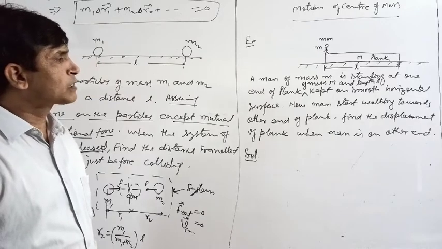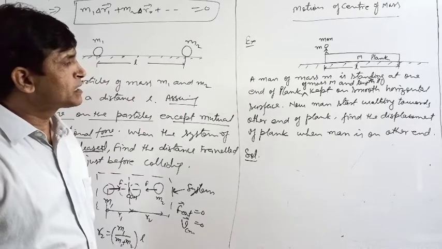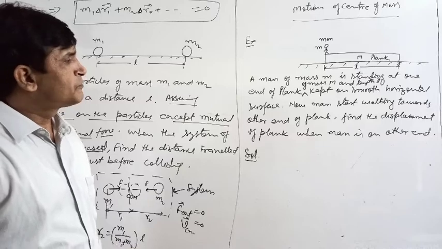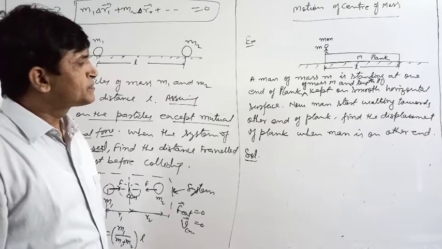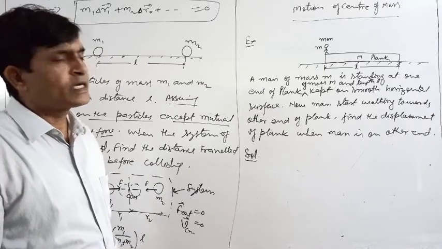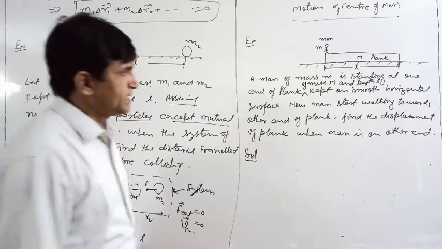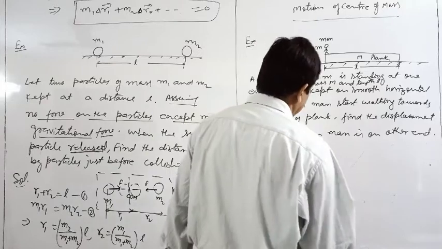Now the man starts walking towards the other end of the plank. Find the displacement of the plank when the man is on the other end. Okay, see how to solve this.